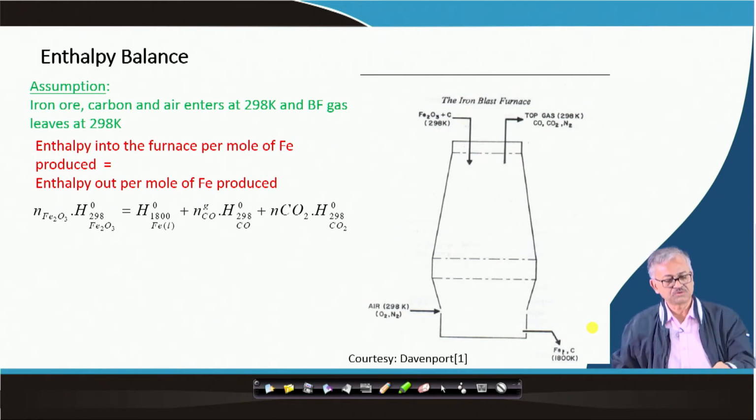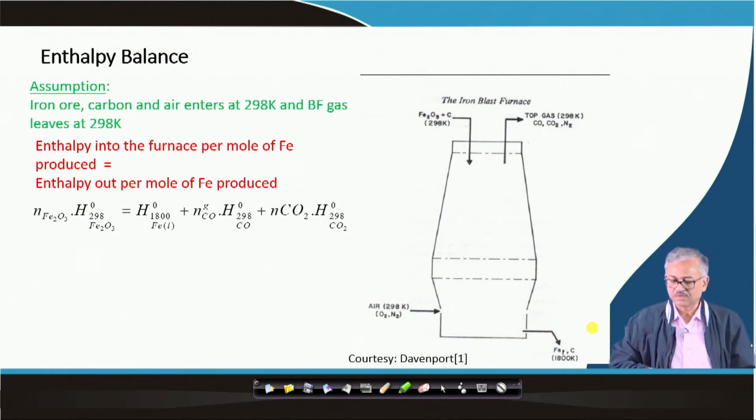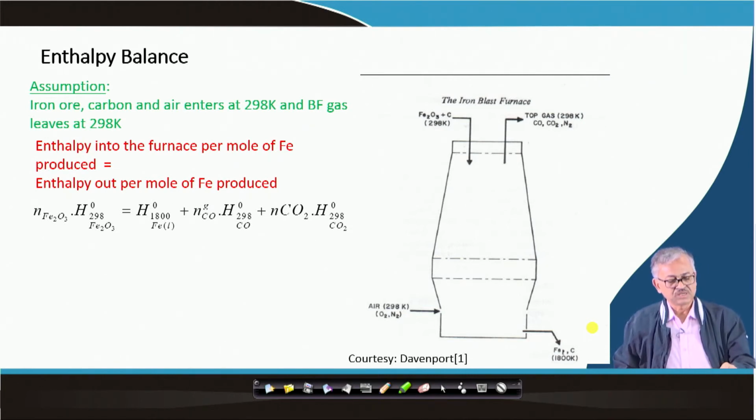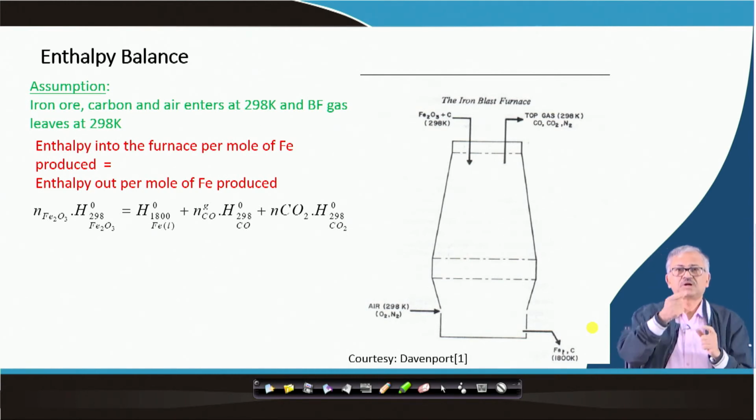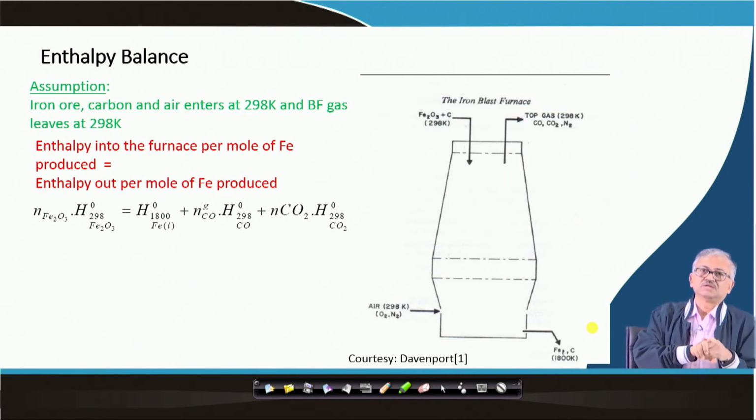We consider only the standard enthalpy of Fe2O3, because Fe2O3 enters at 298 and then decomposes, as well as the iron will have some sensible enthalpy, because iron will leave at 1800 Kelvin. Right. So, this is the input enthalpy. We considered only Fe2O3, and not carbon or the air blast, because all are at 298. Only a part of the carbon goes to the hot metal, but we have ignored that.